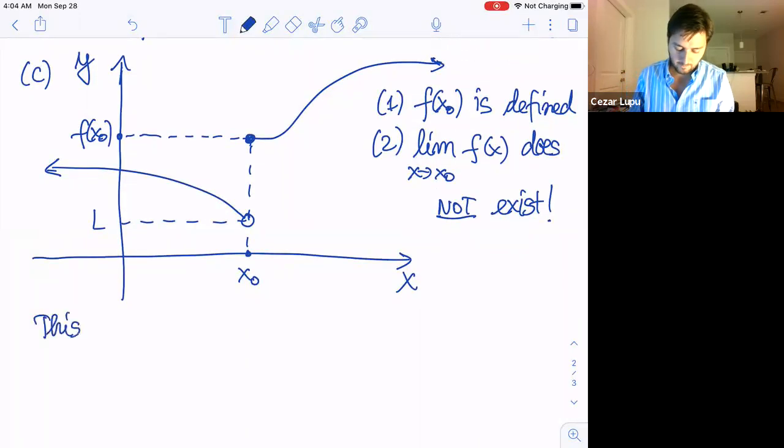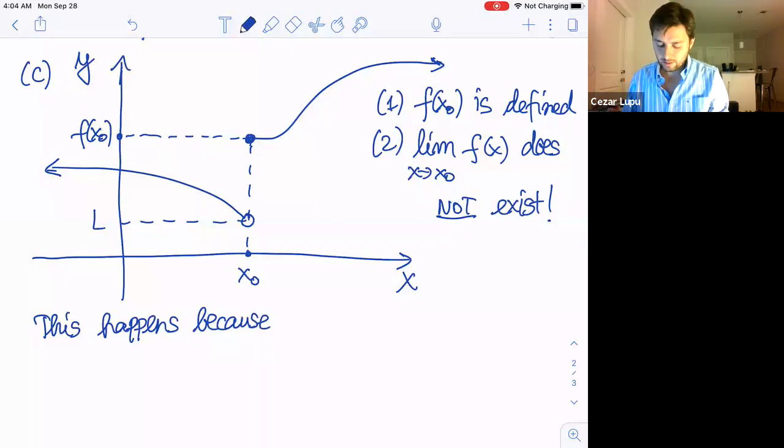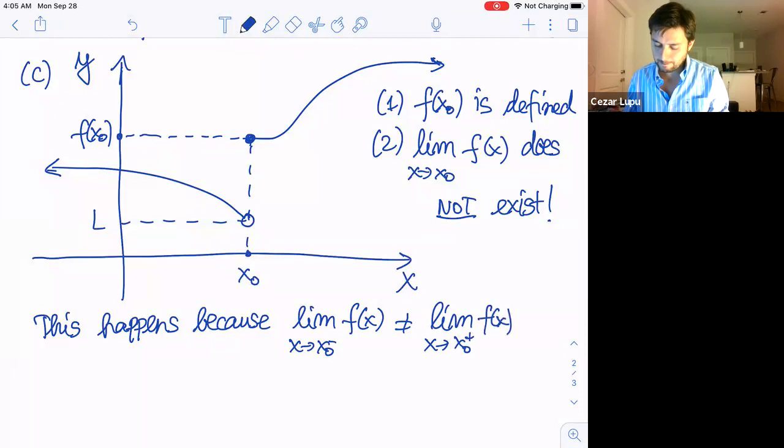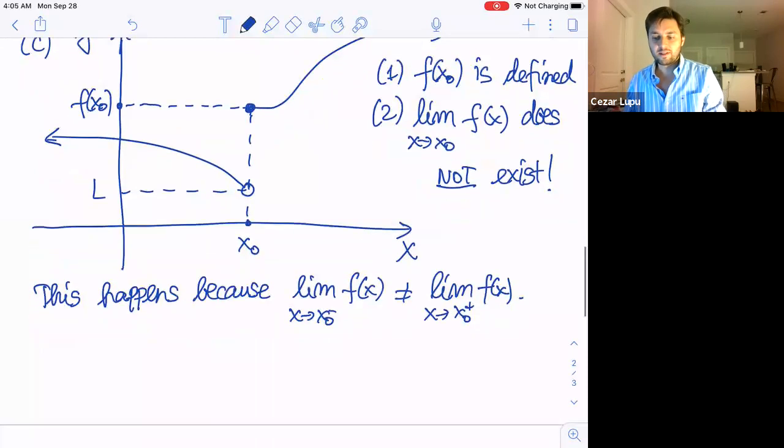This happens because the left-hand limit is not the same as the right-hand limit, right? So the second condition is not met.